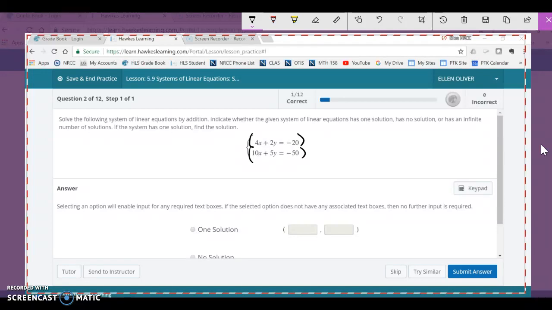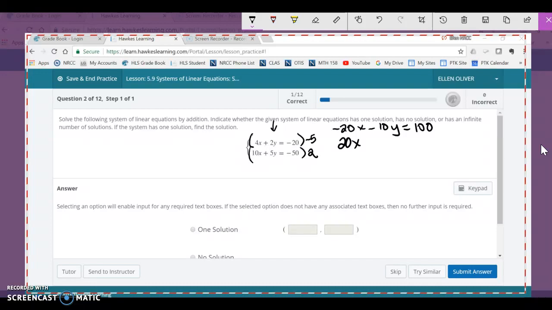And I'm going to pick the y's to focus on, just because 2 and 5 are smaller numbers than 4 and 10, and I like to keep my life easy. So I'm going to multiply this guy by negative 5 and this guy by positive 2, because that'll give me negative 10y and that'll give me positive 10y. So when I do that, I have negative 20x minus 10y equals positive 100. And I have 2 times 10 is 20x.